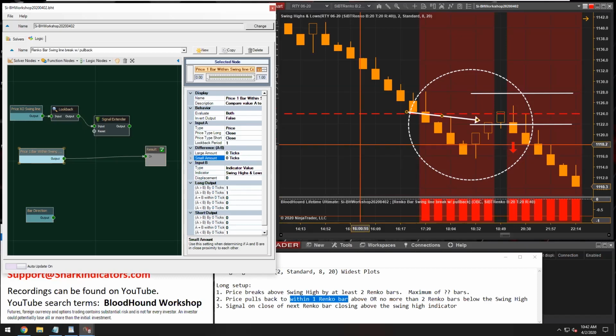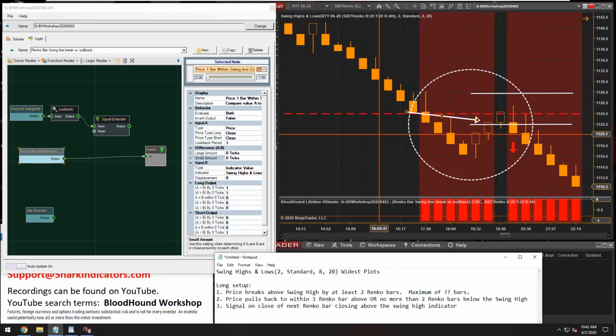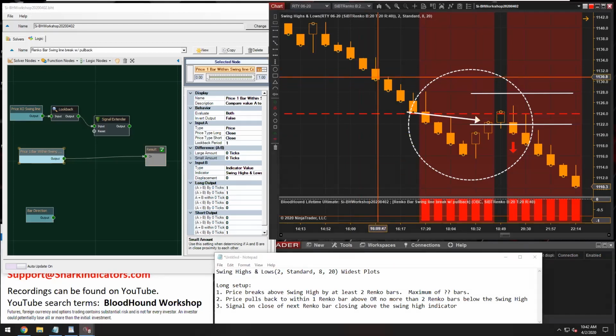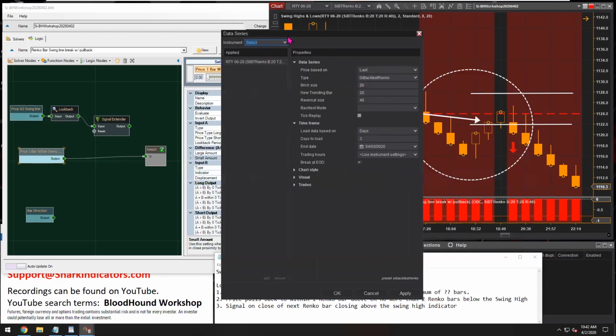So what we need to do is figure out what the brick size of our Renko bricks is. I didn't actually put it in here, but if we open up the data series, the brick size here is 20. So each of these Renko bars is 20 ticks long, right? The brick size is 20, but more importantly, the new trending bar is also set to 20.